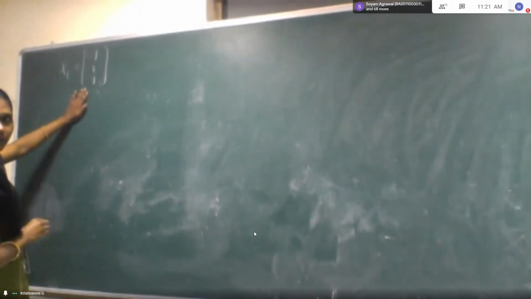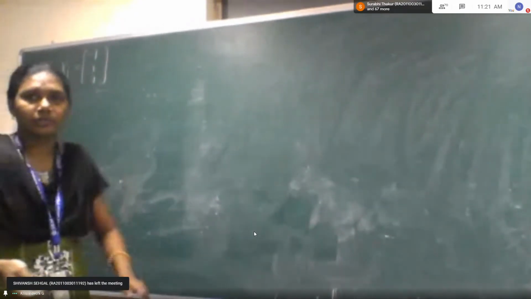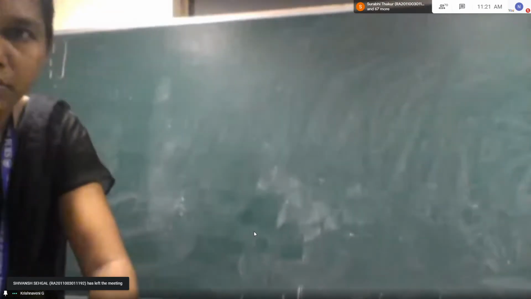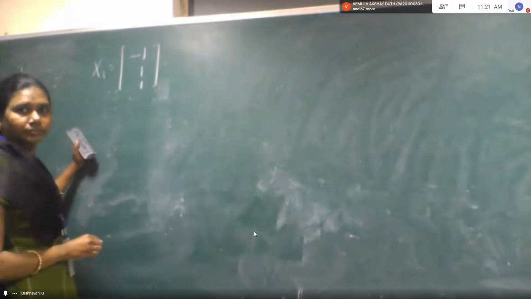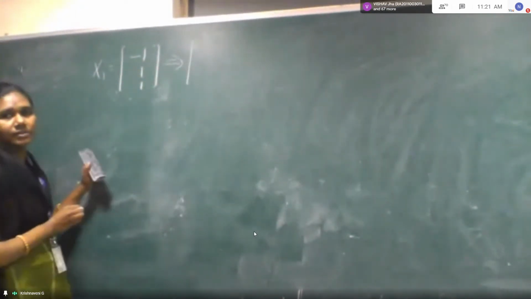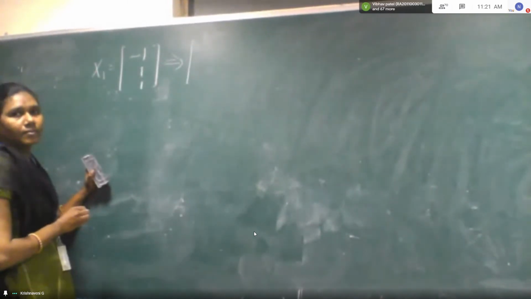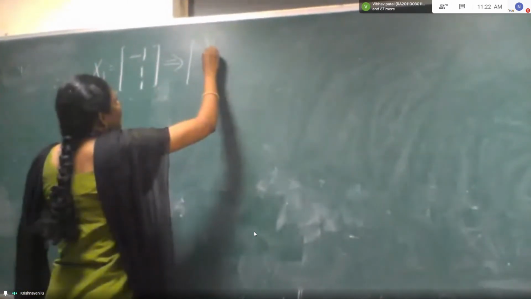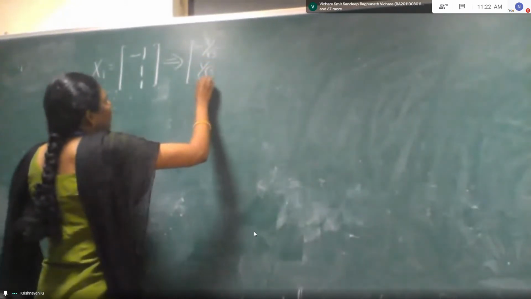Guys, is this visible? What is the normalized form for this? Minus 1 by root 3, 1 by root 3, 1 by root 3.